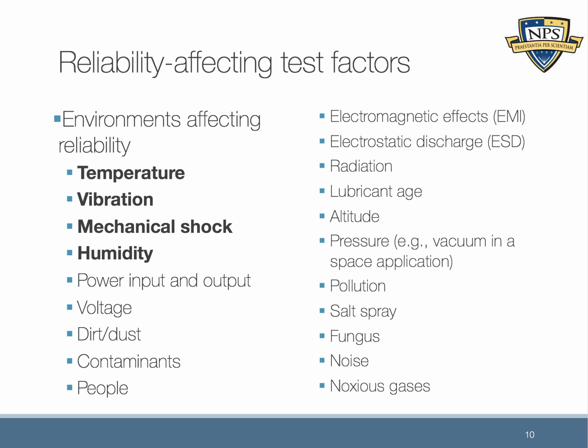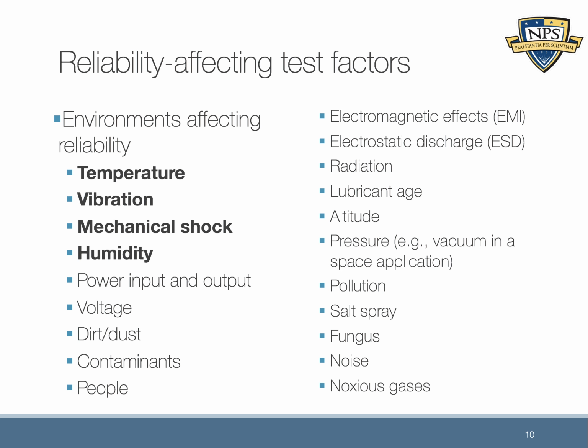This slide talks about what I'm calling the reliability affecting test factors. I didn't use the word stress here. You could use the word stress, but some of these things are fuzzy on whether I would call them a stress or not.